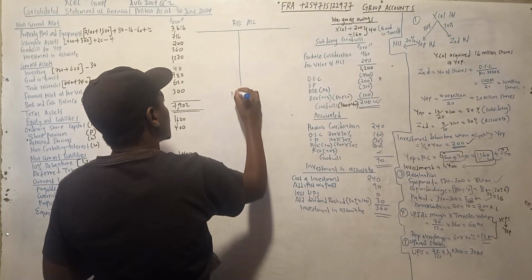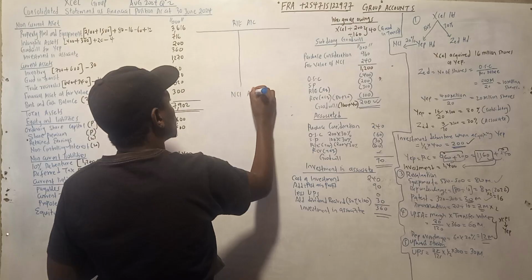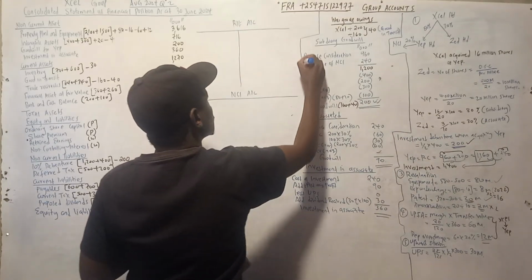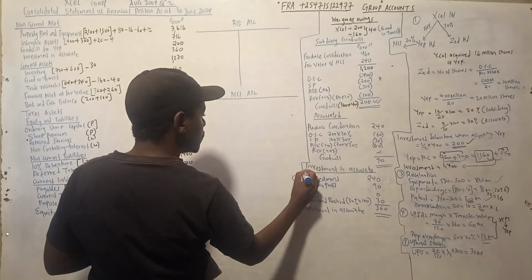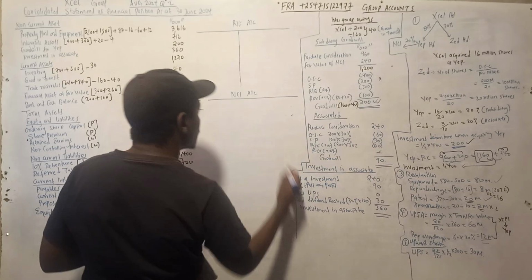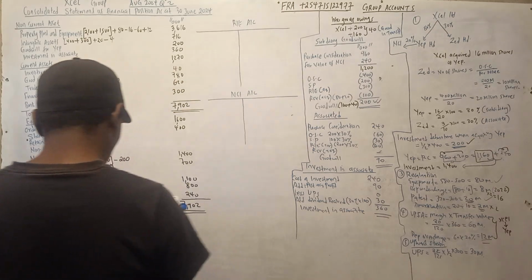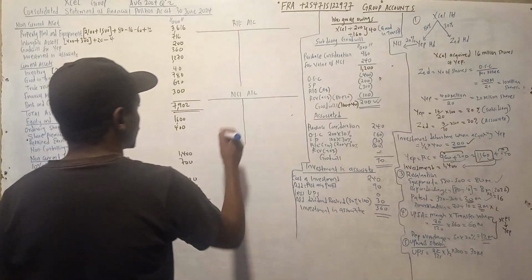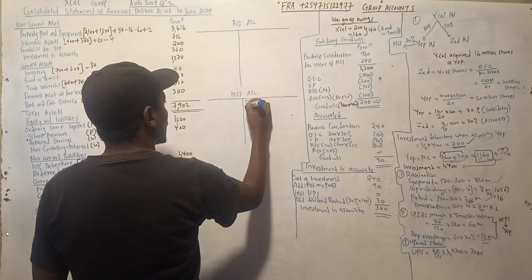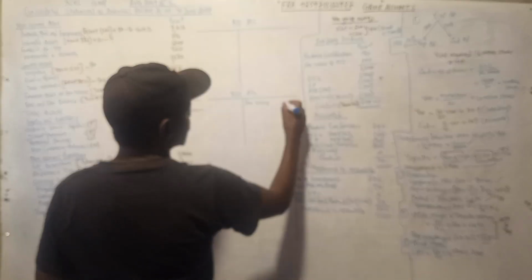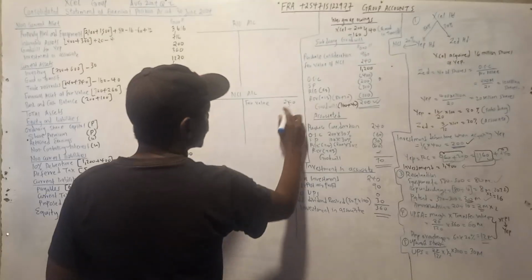Then we have the NCI account. So we start with the fair value. So the fair value was 240 of the NCI here.